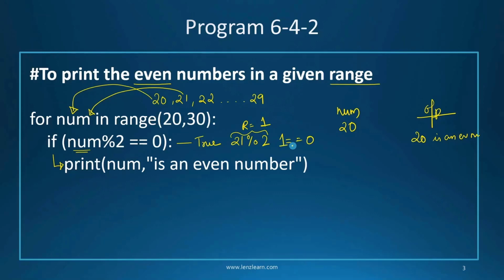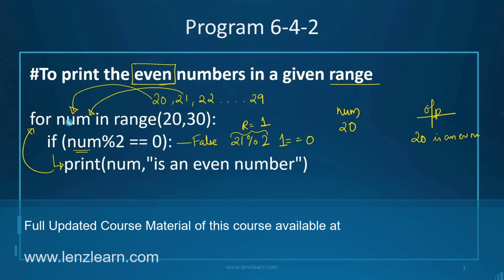So now I am checking whether 1 is equal to 0. Now this is false, right? Because 1 is not equal to 0. Now I will not print the statement inside if because the condition is false. I will move back to for again. So 21 will not be printed in the output because we are looking only for even numbers, right?